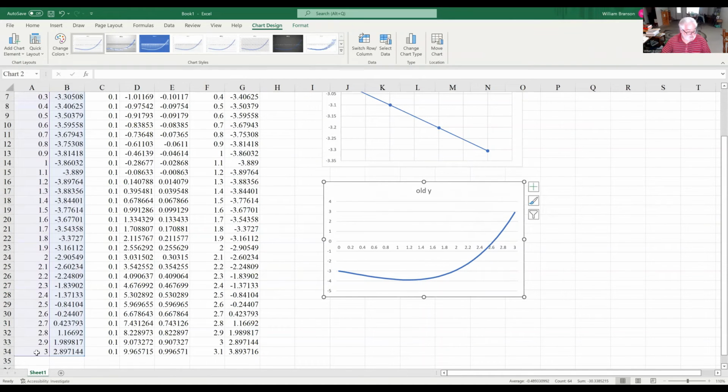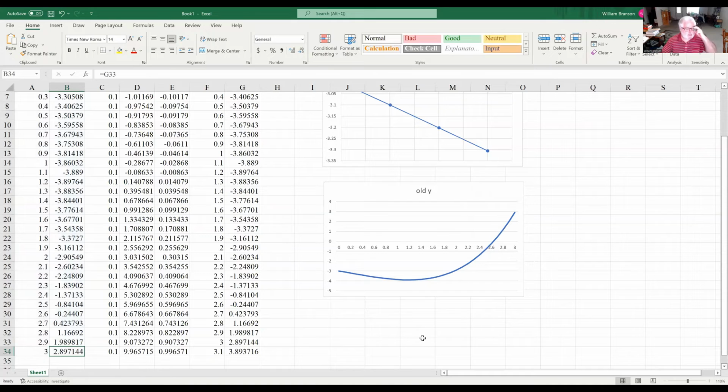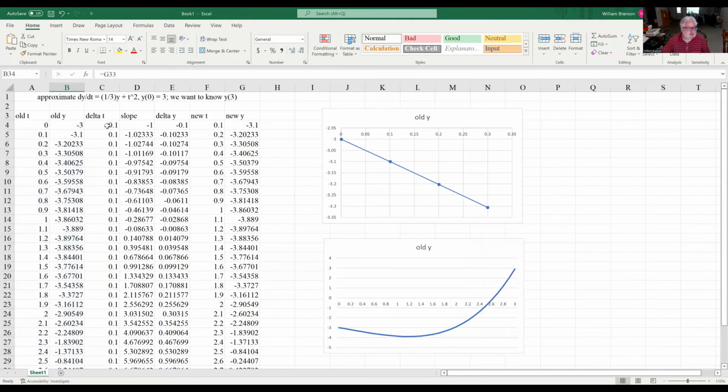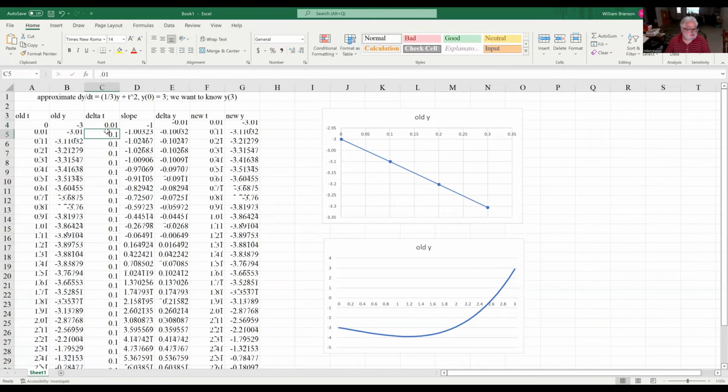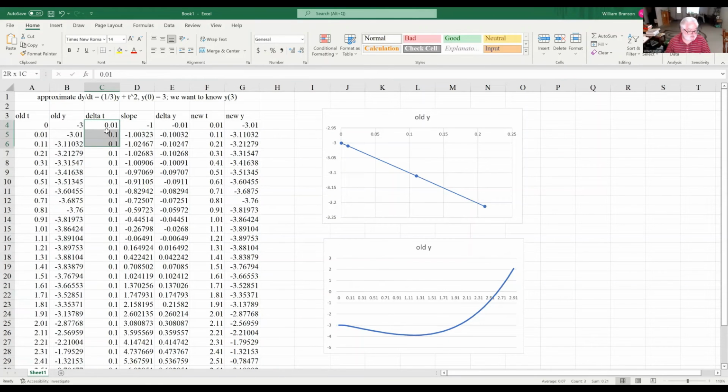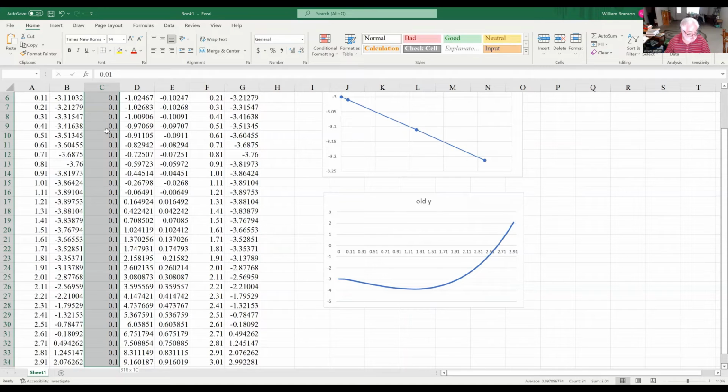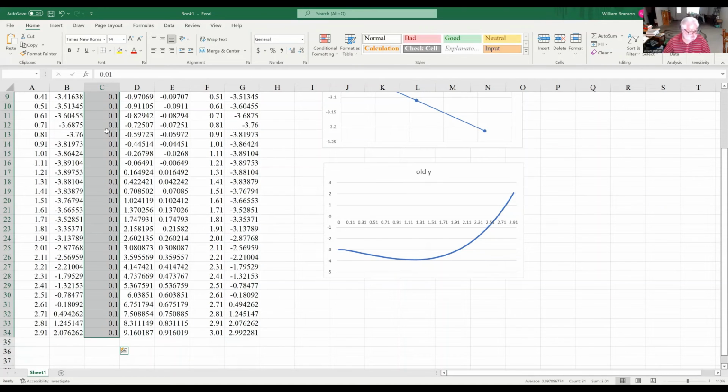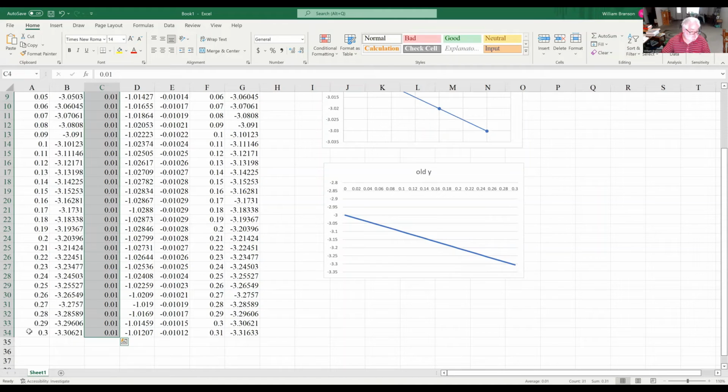Of course, we got 2.89, and we know that the actual solution should be closer to 3.2 something. So we can, of course, make our delta t smaller by a factor of 10 again. But when we do that, we only got up to 0.3.